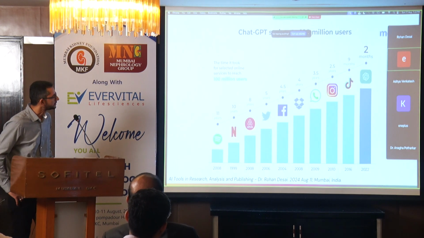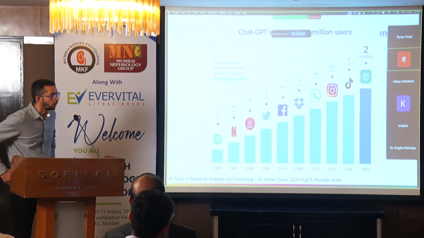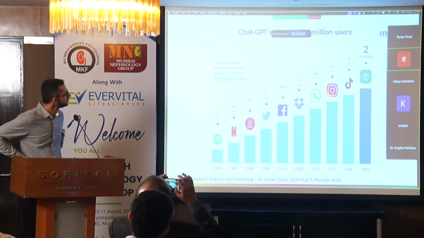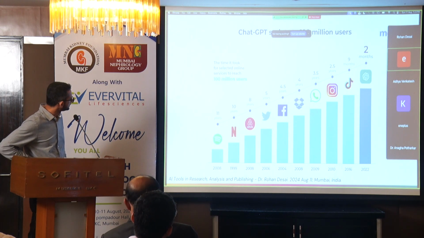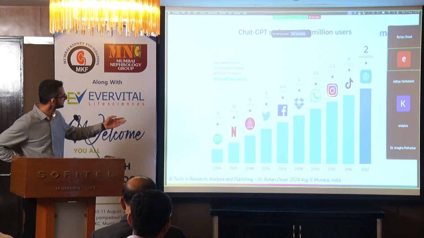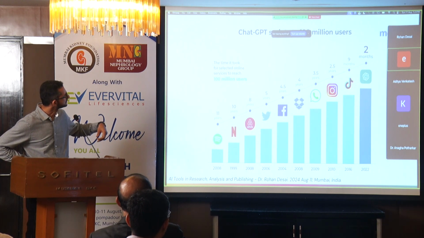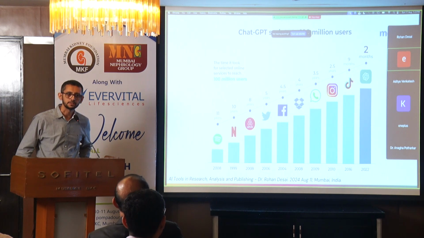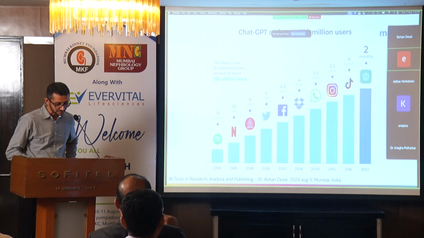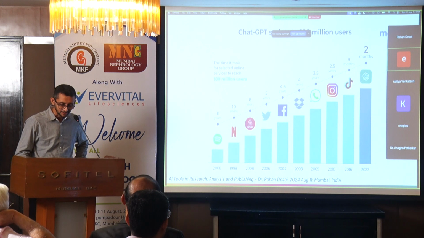So this is a chart which shows how long different popular apps that we know today took to reach 100 million users. 100 million is 10 crore users. Netflix took 10 years, Airbnb, Twitter, Facebook. TikTok took 9 months. ChatGPT took just 2 months to get to 100 million users, and that's just testament to the sort of power that it has brought.